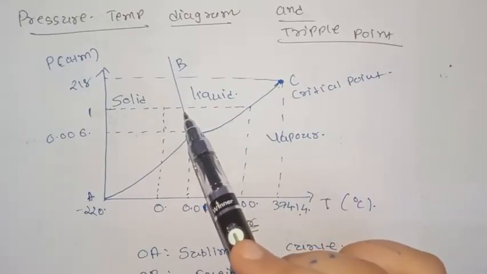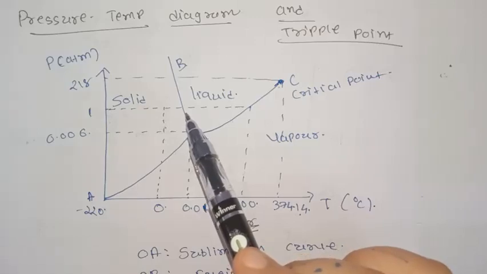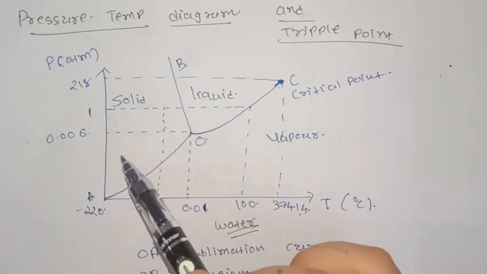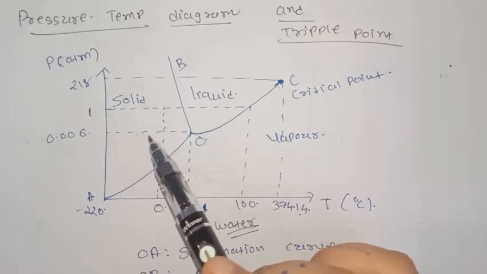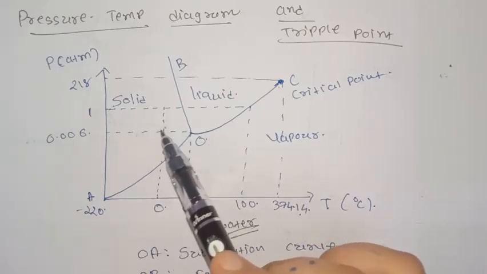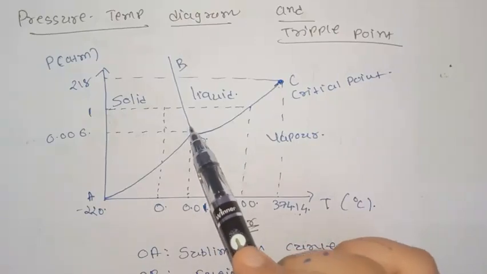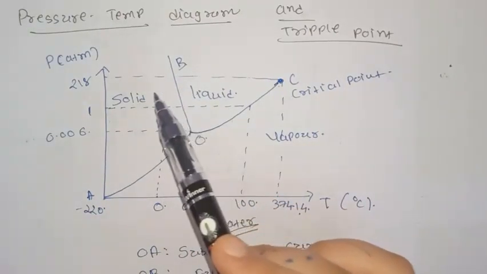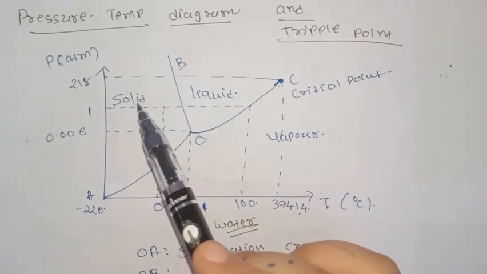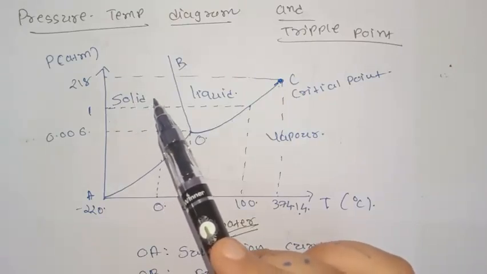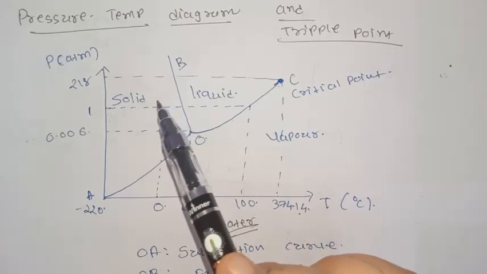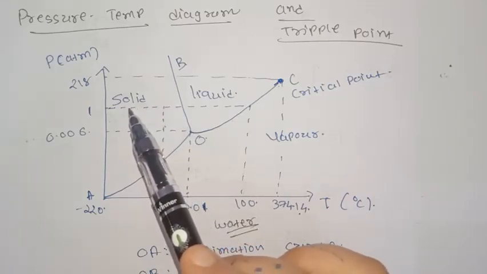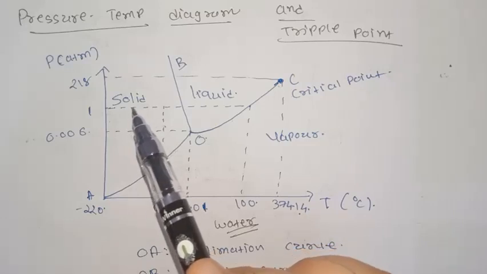It is to be noted that this curve leans slightly towards the left. This implies that as the pressure is increased, the melting point is lowered. This behavior of ice, together with gallium and bismuth, is unique, as the melting point of all other substances increases with increasing pressure.